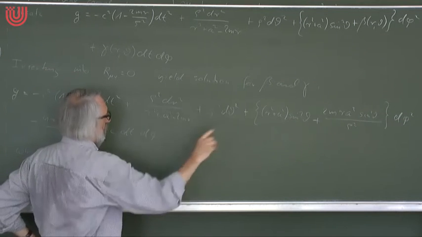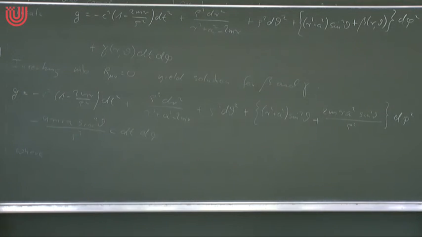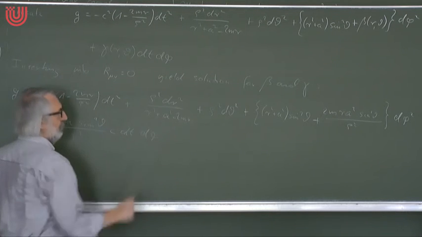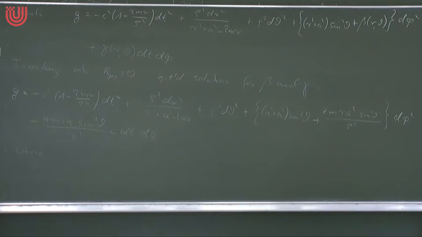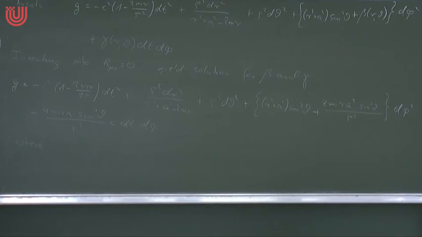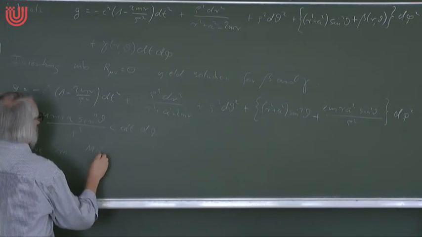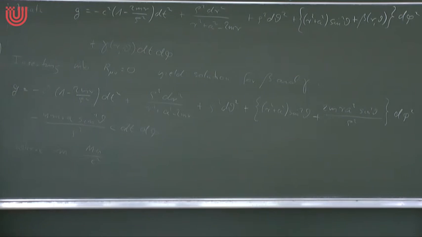So if you are very far away, then you still have this Newtonian potential term, which can be interpreted in the way we have done it for the Schwarzschild spacetime. The modification by the a comes one order closer to the center. Then the spin makes itself felt. So m has the same interpretation as before. This is MG over c squared, and capital M is the mass of the body.